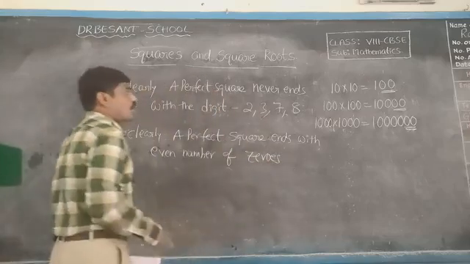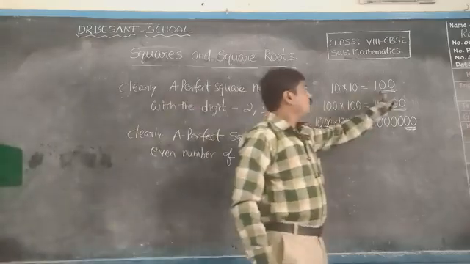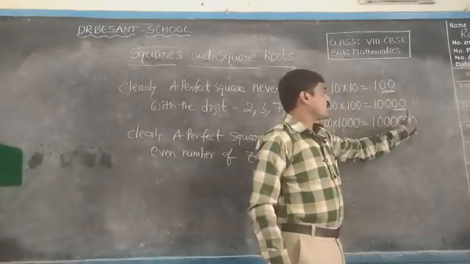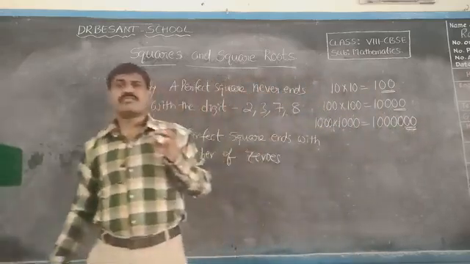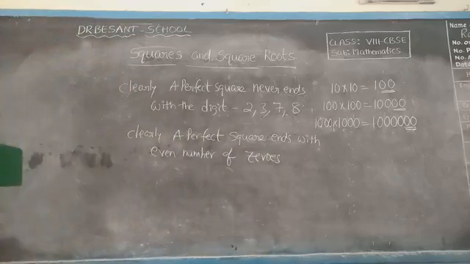You see how many zeros it is having? 2 zeros, 4 zeros, 6 zeros. So an even number of zeros. 2 is even or odd? Even, no? So clearly a perfect square always ends with an even number of zeros.